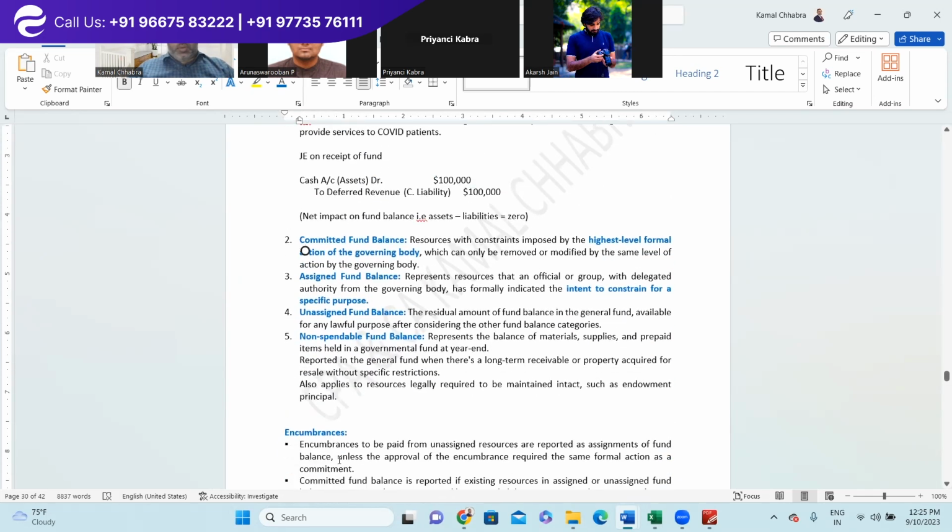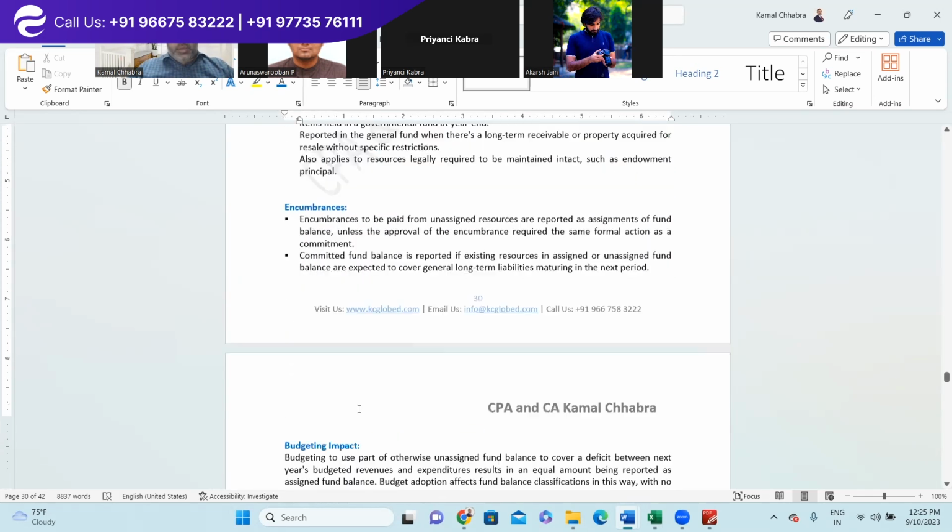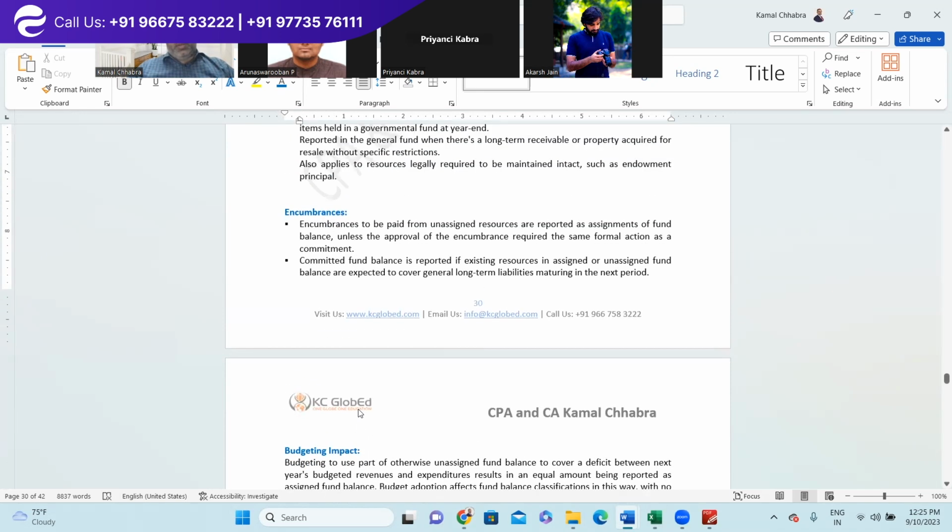Okay. So this we have covered. Encumbrances. Okay. Encumbrances are basically the liabilities, or you can say, for which you have issued any debt or something, right? Encumbrances to be paid from unassigned resources are reported as assignment of fund balance unless the approval of encumbrance required some formal action or commitment.